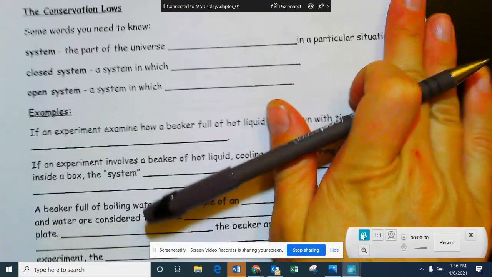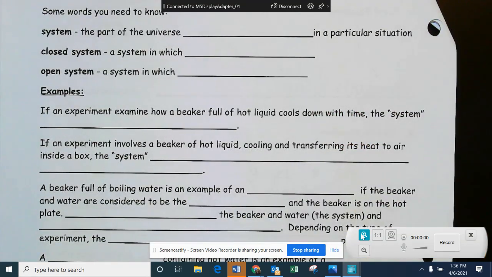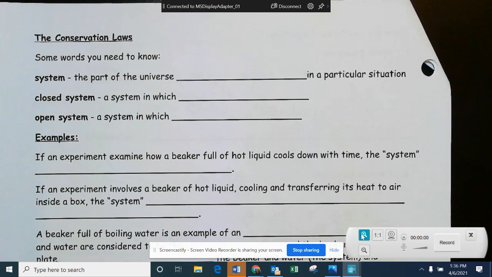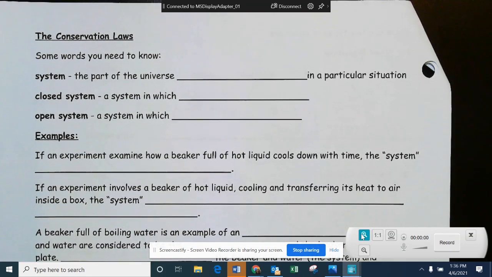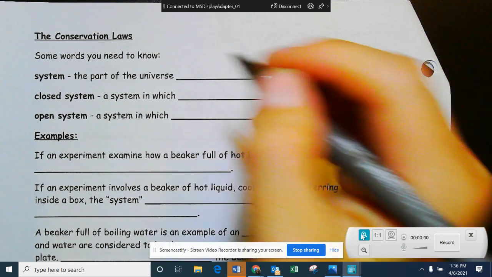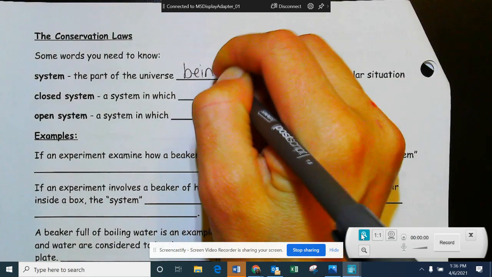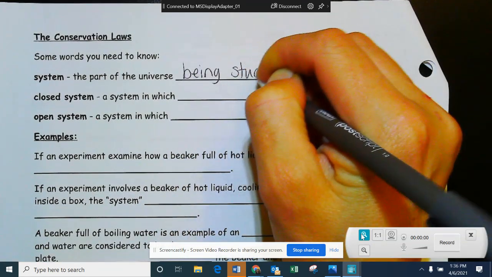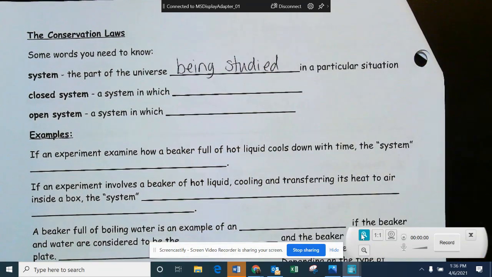Okay, conservation laws. Some words that we're going to need to know are system. A system is the part of the universe being studied in a given situation.